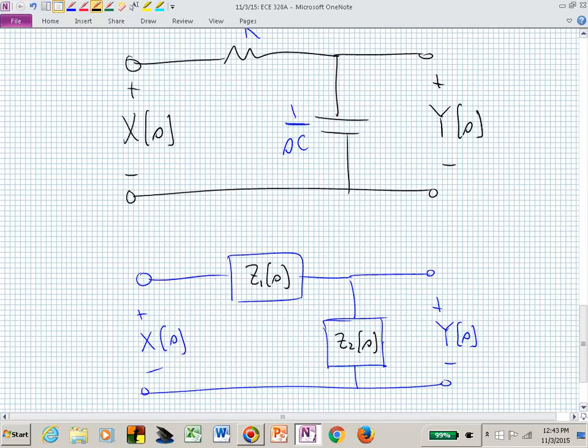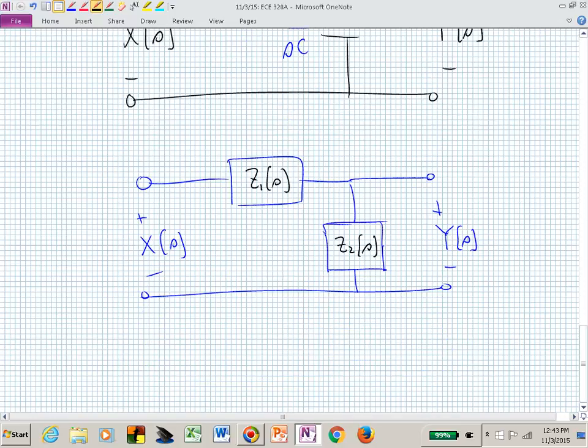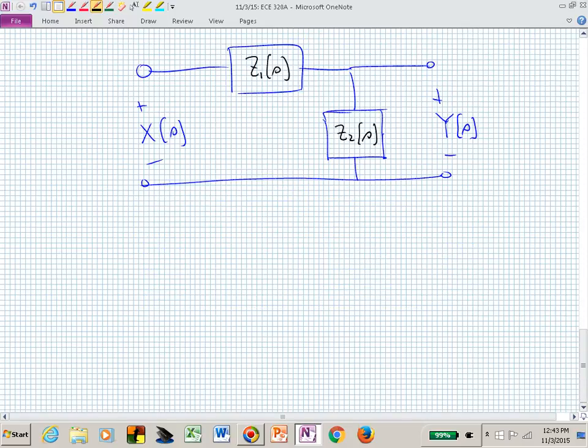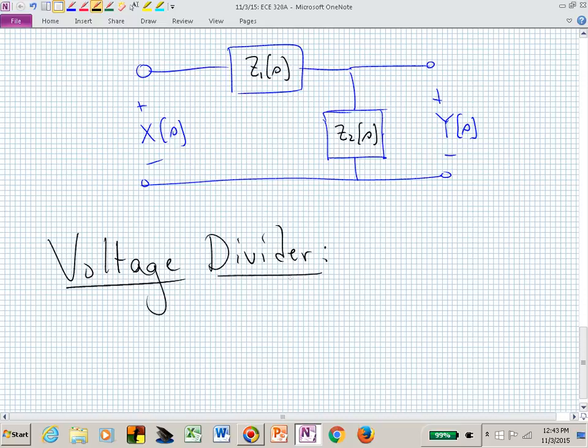We'll just end up with ratios of polynomials in S, and we know how to inverse Laplace transform those. If those were resistors, how would we solve for Y given X? Voltage divider. Now we can just do a voltage divider and say, oh, this transfer function stuff is easy.